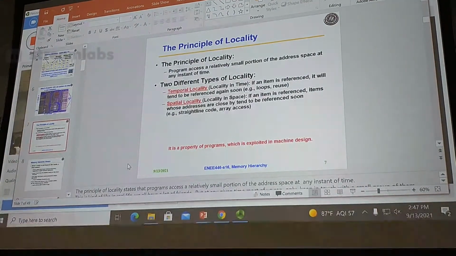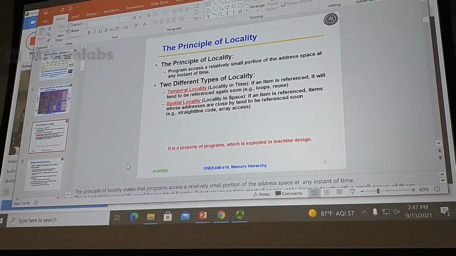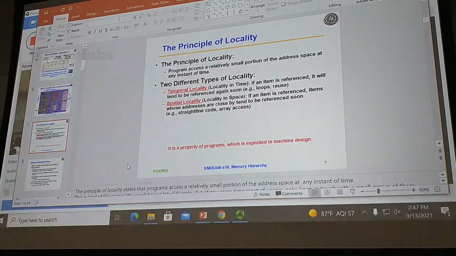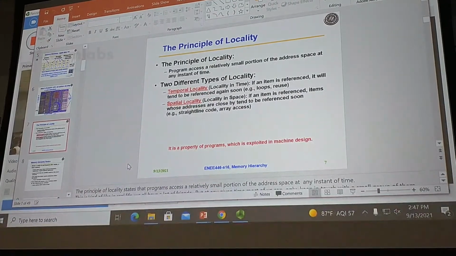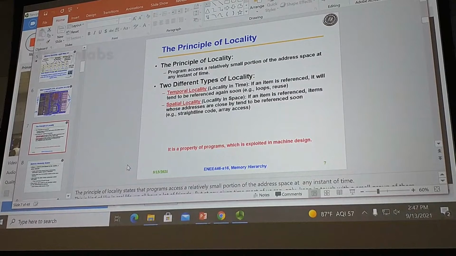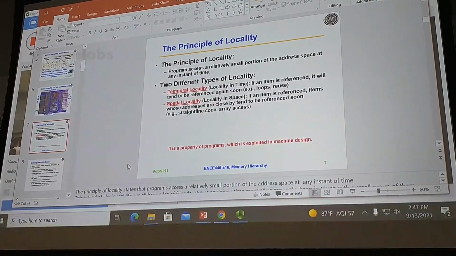From 350, you know why the memory hierarchy works. It works because of the principle of locality. If a program does not display this principle, if memory accesses are completely random all over the place, the memory hierarchy is not going to help. In fact, it may even hurt performance, because you are using a cache memory in between, so it's now going to go this way.